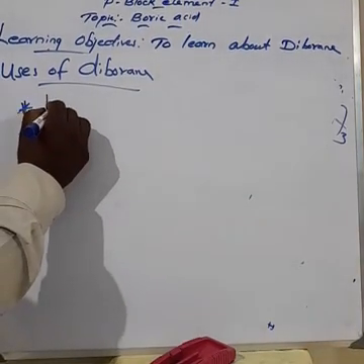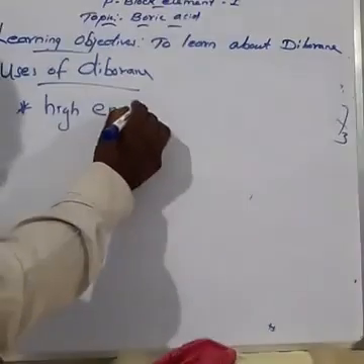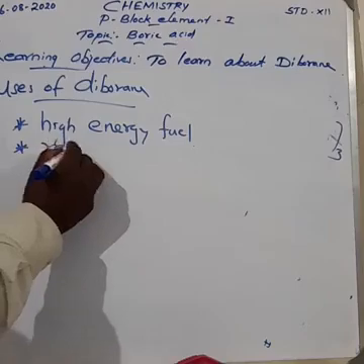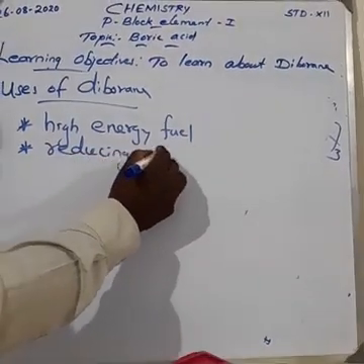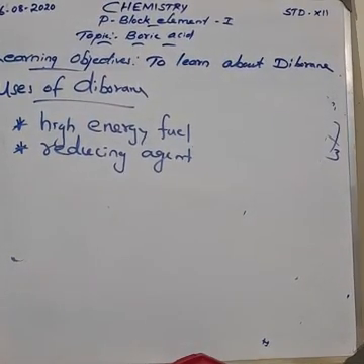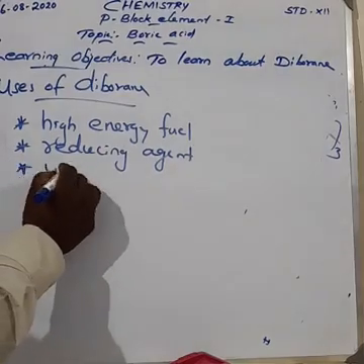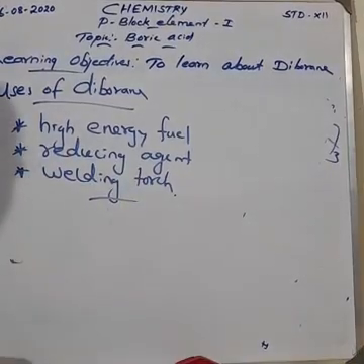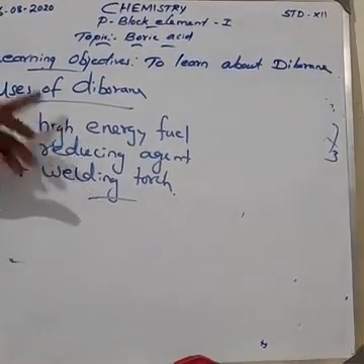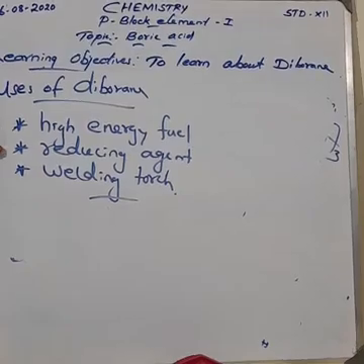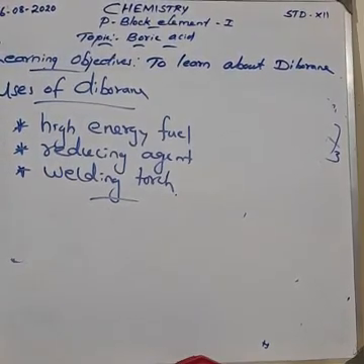Second, it is used as a reducing agent in organic chemistry. The third one, it is used in a welding torch. These are the uses. Once again, a high energy fuel for propellant, a reducing agent in organic chemistry, and in a welding torch.